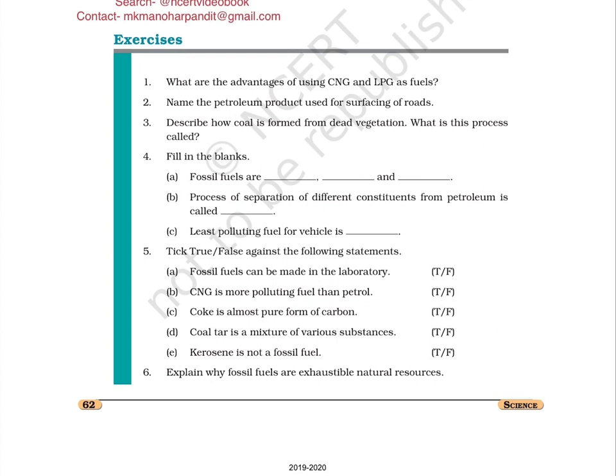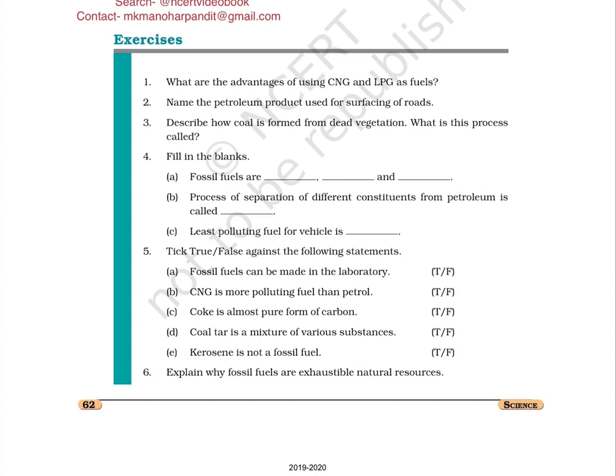Fifth, tick true or false against the following statements. A. Fossil fuels can be made in the laboratory. True or false? B. CNG is more polluting fuel than petrol. True or false? C. Coke is almost pure form of carbon.